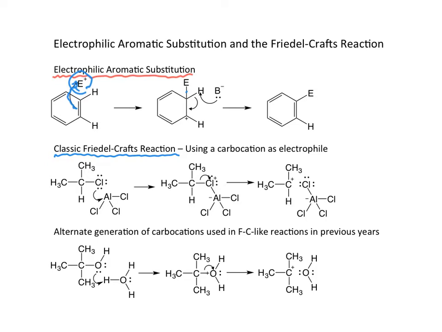That is, they used a strong Lewis acid, and they used aluminum chloride as the Lewis acid. The aluminum chloride would form a complex with the halogen on the alkyl halide. That would increase the effectiveness of the halide as a leaving group, and you would get a higher yield of your carbocations that could come up here and act as an electrophile.